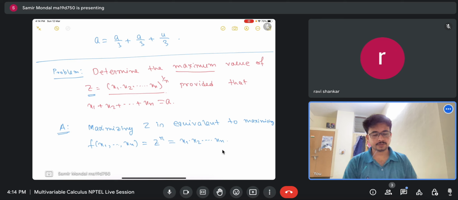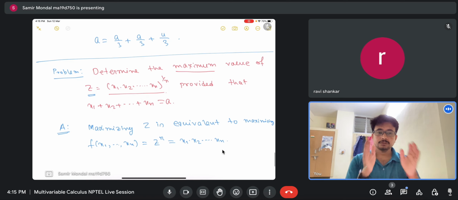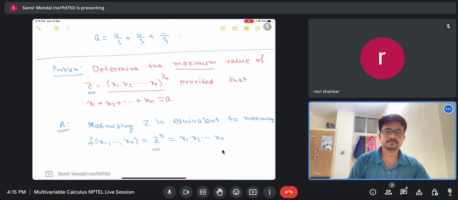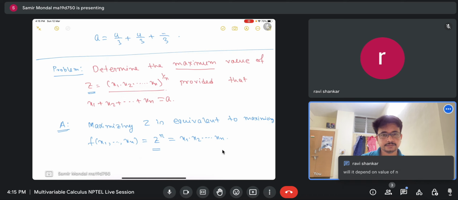Please tell me. Here z is the product of x1 x2 up to xn, then whole power 1 by n. So I am saying that maximizing this z is equivalent to maximizing this function f, where f is g power n. Is it correct or not? Please tell me. Ravi, are these two equivalent?